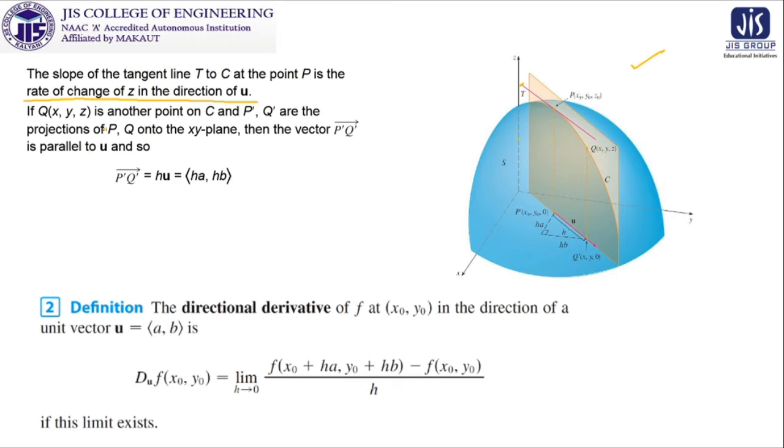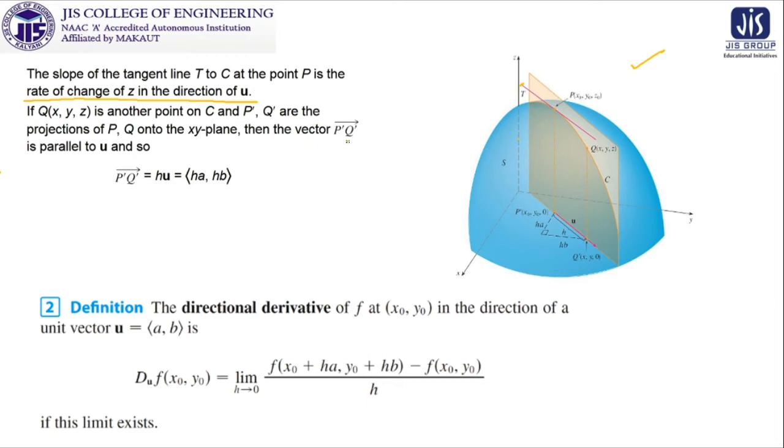What will be the directional derivative of this? For verification, if we take another point Q(x, y, z) on this curve, then P' and Q' are the projections of P and Q onto the xy plane. Look at this, it is P and it is Q, and P'Q' is nothing but this one, the projections.